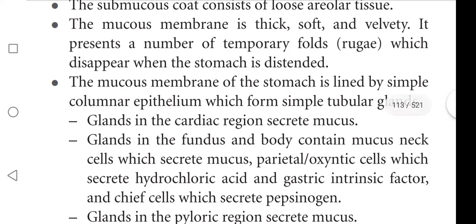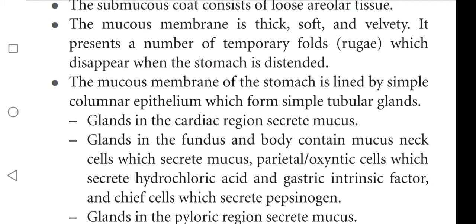The mucous membrane of the stomach is lined by simple columnar epithelium, which forms simple tubular glands. The glands in the cardiac region secrete mucus.